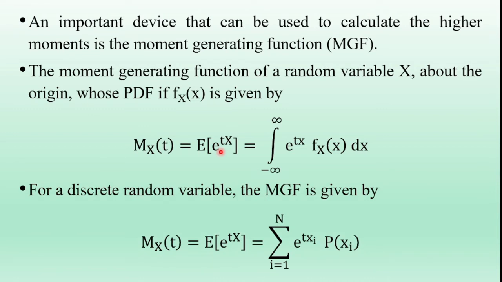For a discrete random variable, the moment generating function is given by M_X(t) equal to expectation of e power tX, which is the sum over i equal to 1 to N of e power t x_i into probability of x_i. So p(x_i) is the probability of the random variable X equal to x_i.